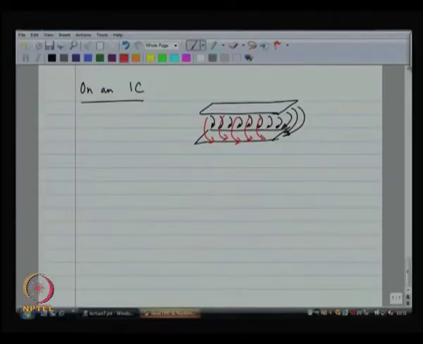Now, let us start giving you some numbers. We can use two metal layers on an IC, and these could be the two plates of my capacitor. The distance between the two metal layers is kind of controlled.